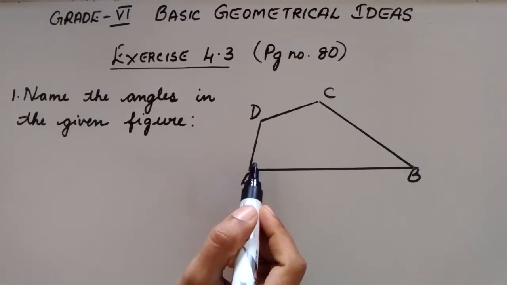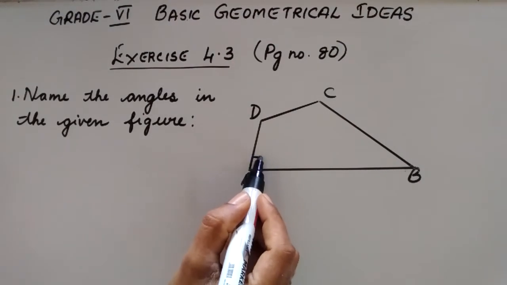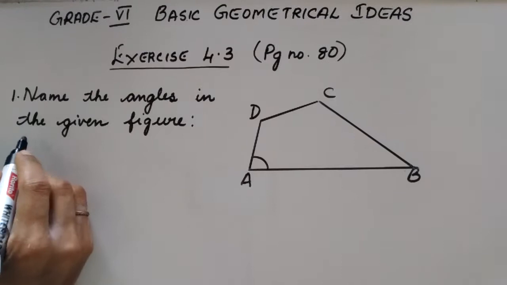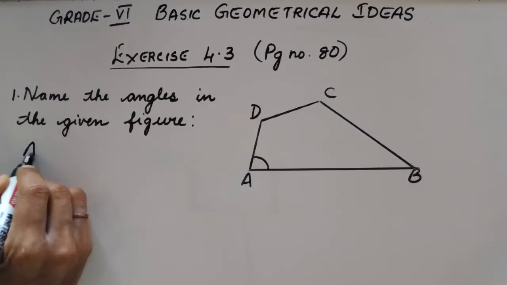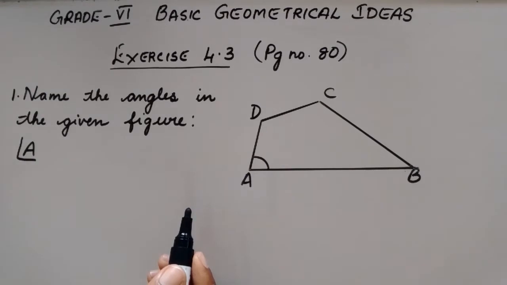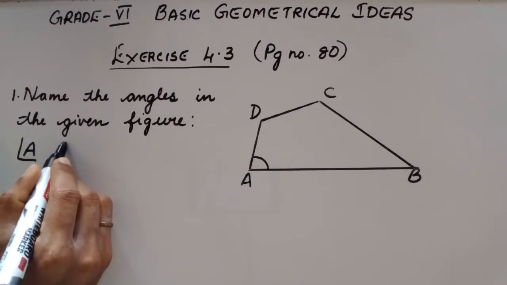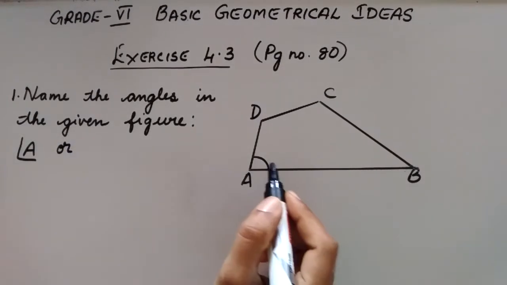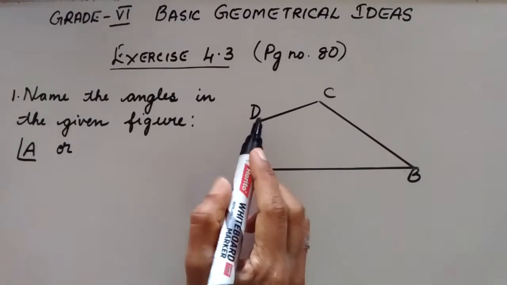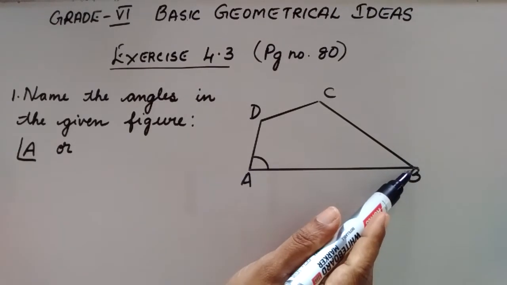Now first let me name the first angle, that is angle A. So angle A can be written like this, or I can write angle DAB.